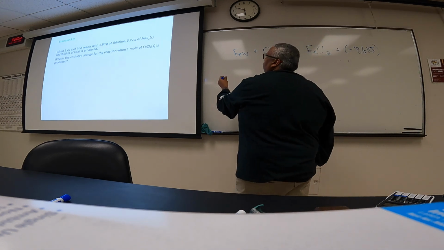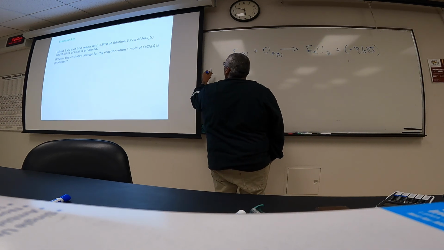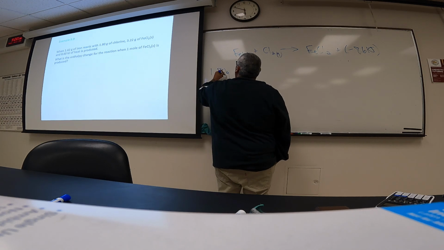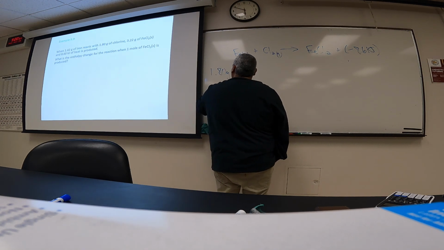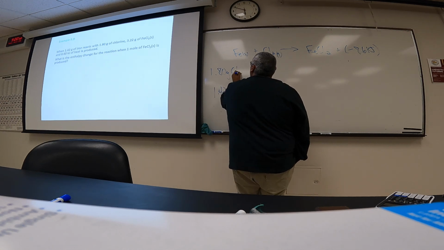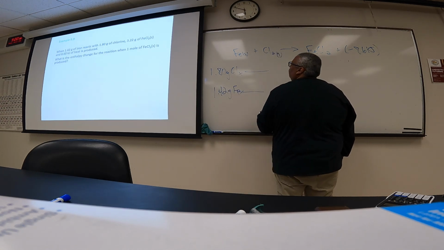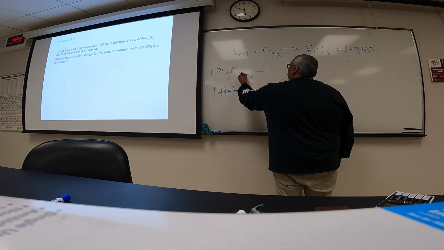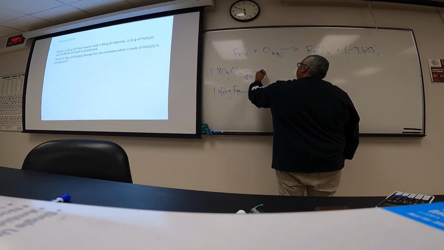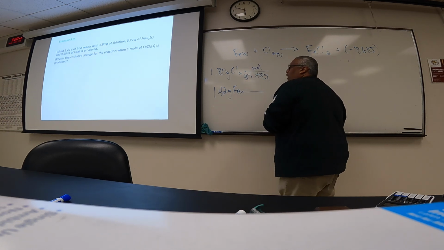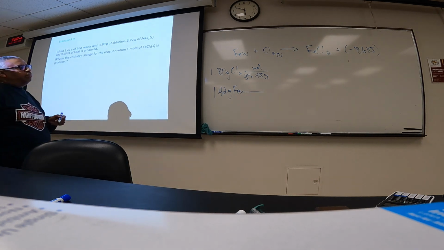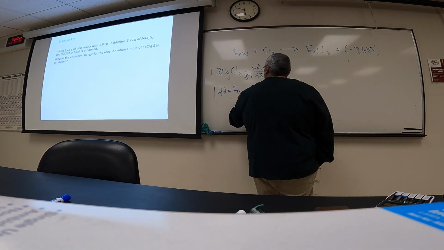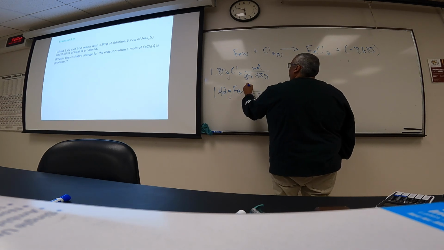All right, so our limiting reagent, let's start there. We have 1.80 grams of chlorine and 1.42 grams of iron. Chlorine is 35.45 grams per mole, and iron is 55.85 grams per mole.